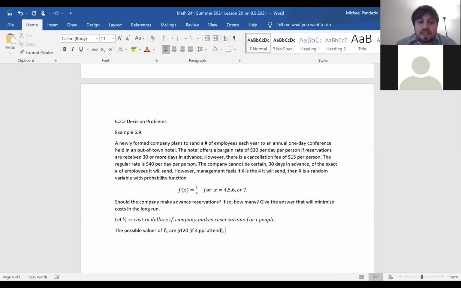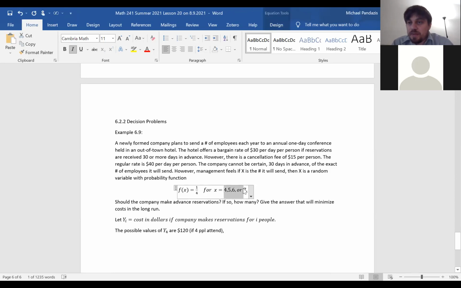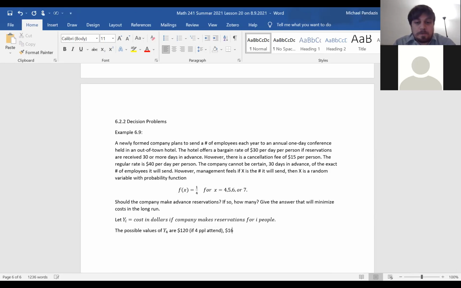But y sub 4 means they make 4 reservations, and 5 people could attend. The possible numbers of people who attend are 4, 5, 6, or 7. If 5 people attend and they only made reservations for 4, they paid $120 for those 4 reserved tickets. The 5th person has to pay the regular rate, which is another $40. So you add $40 to 120 and you get $160. They have to pay $160 if 5 people attend.